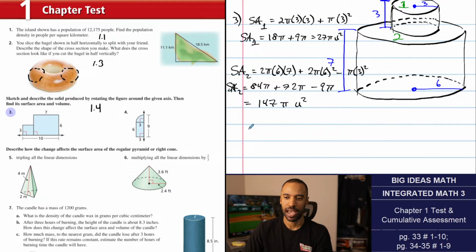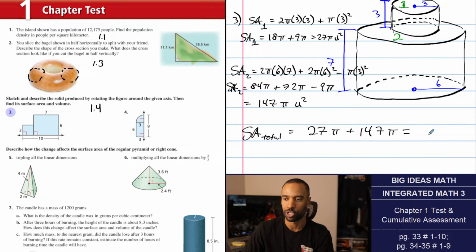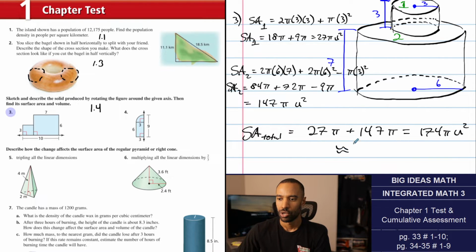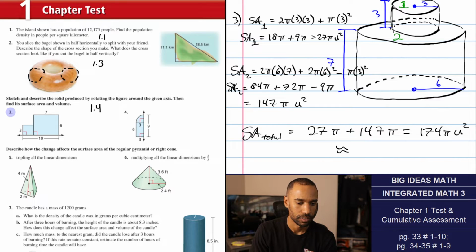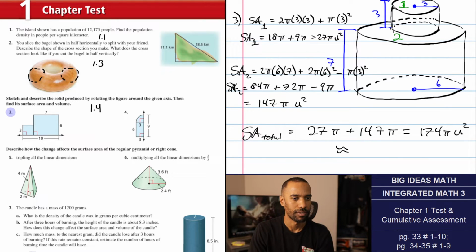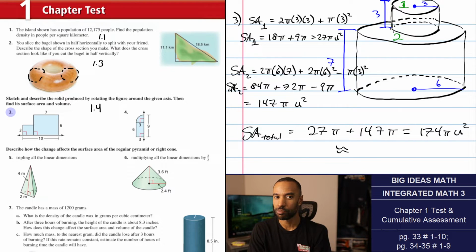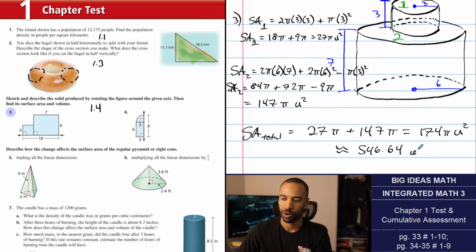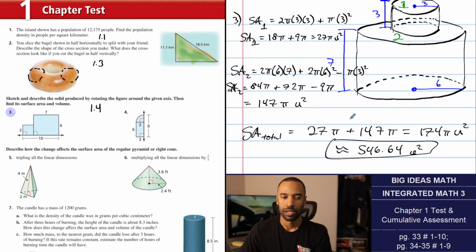So now we get to add the two together. Surface area of the total will be 27 pi plus 147 pi, which should be 174 pi square units, which is about 546.64 square units.